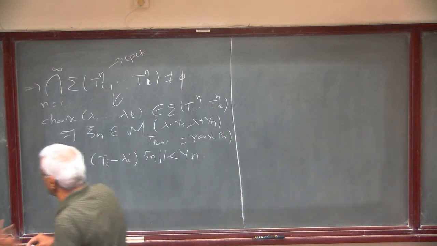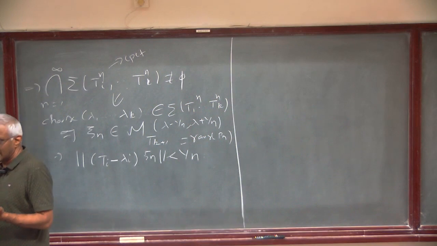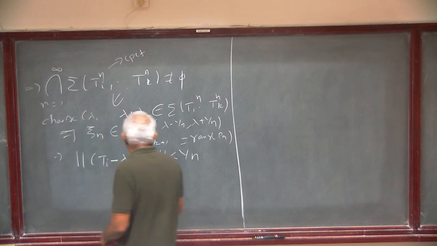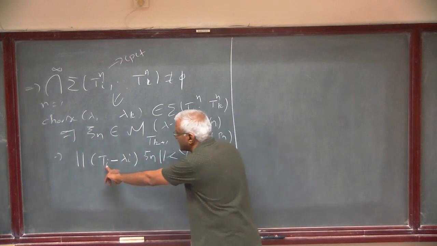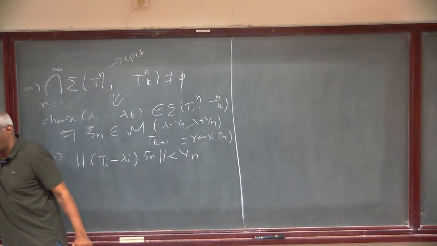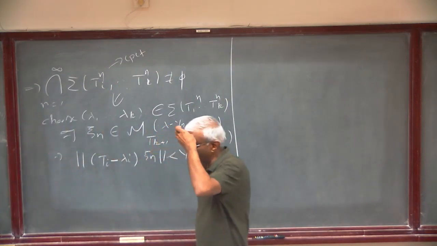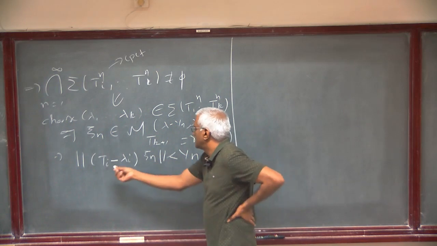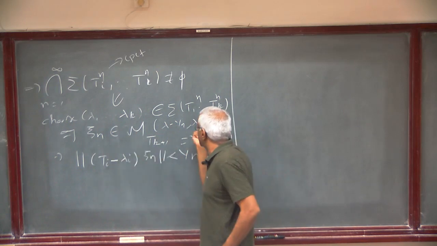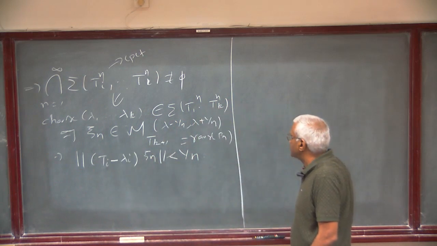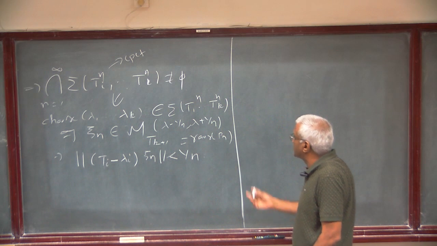We take this projection and then restrict that operator to that projection. This projection corresponds to T(k+1); it has nothing to do with T1 up to Tk. Because it is in this set, you can choose something like this. This is for all n.